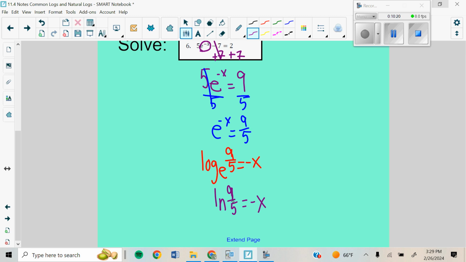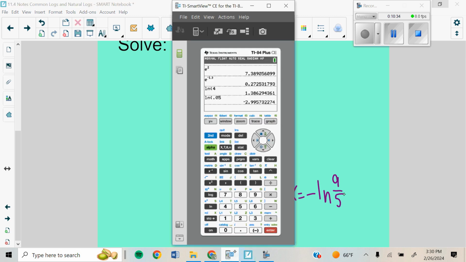The natural log of 9/5 equals negative x. If I want x to be positive, I'll just divide by negative 1. So x equals the negative natural log of 9/5. So grab your calculator and type in negative natural log 9 divided by 5. It should just look like that.